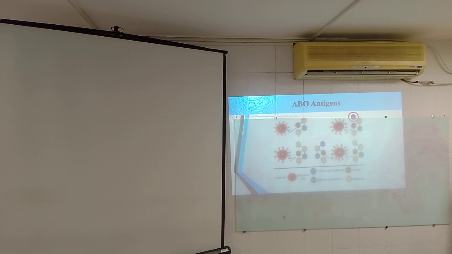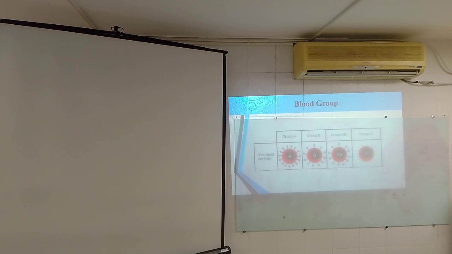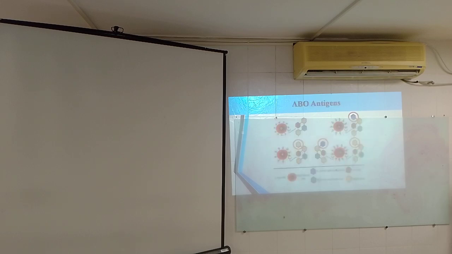For example, in the A system, you can see this kind of sugar. For B, this one, for AB we have both of them, and for O we don't have any of them, we just have a base structure of ABO system. This is the difference of the structure of ABO antigens.